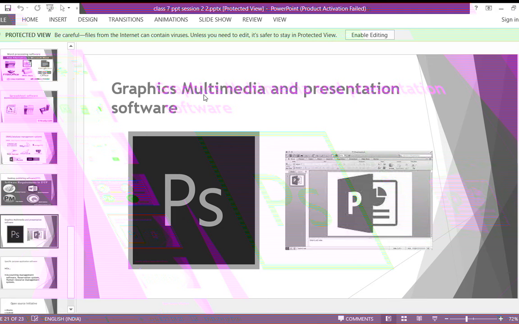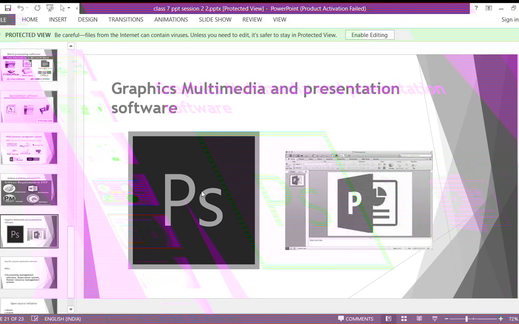Adobe Photoshop we can use in laptop or computer, and in mobile we can use the Photoshop application.